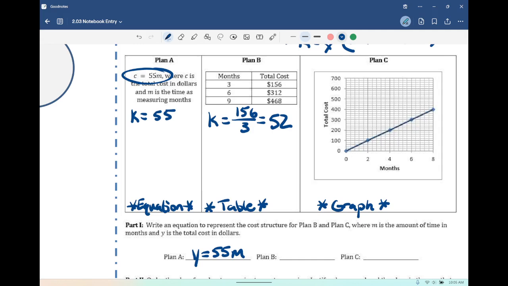52. Okay, so if K is 52 for Plan B, again, I want a raised hand. What would the equation be? Gio?